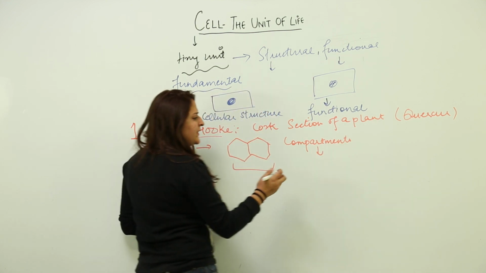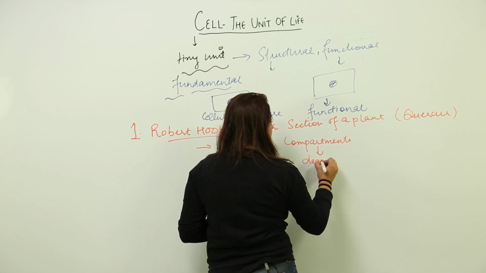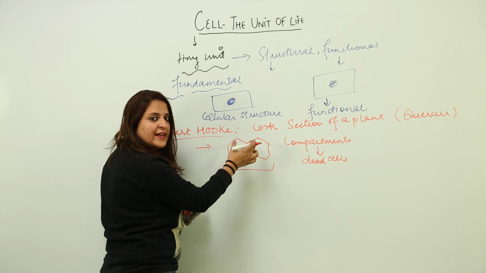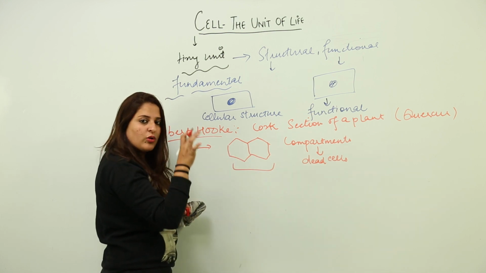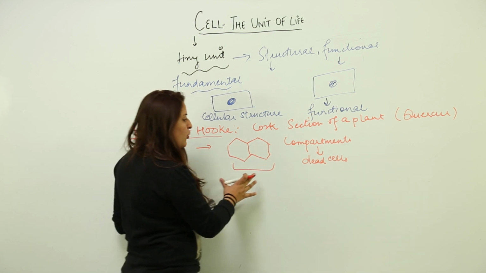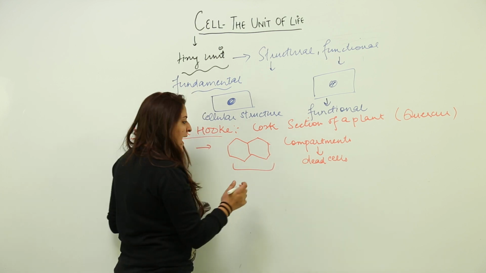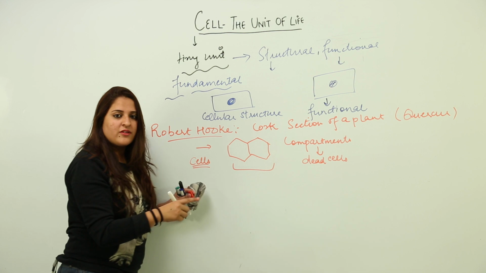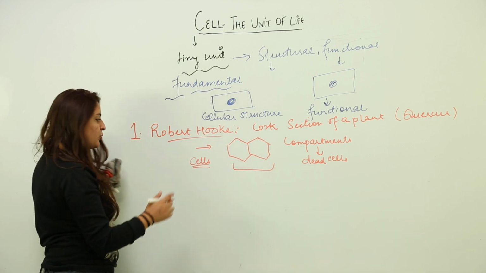They had nothing, that is, they were dead compartments. He named them cells because they were hollow, like polygonal structures. So that was how the cell was discovered by Robert Hooke.